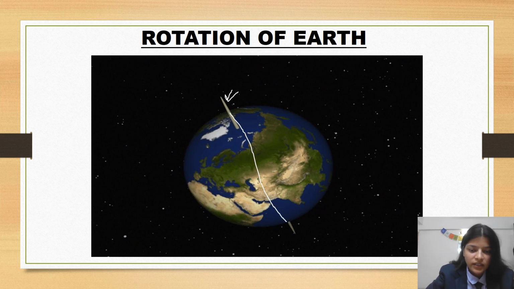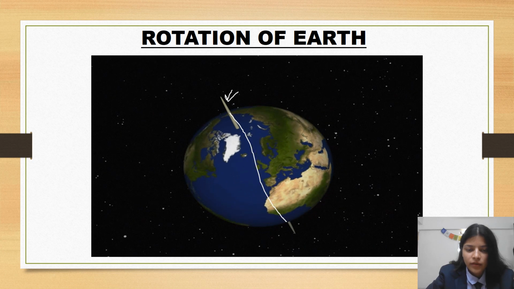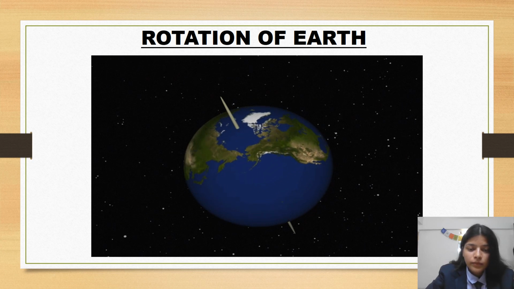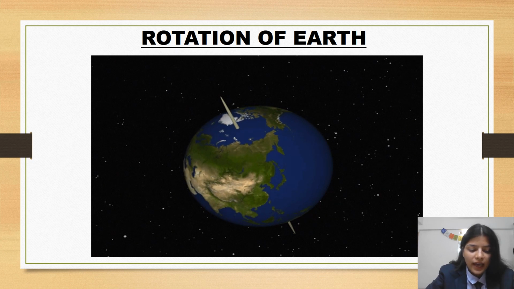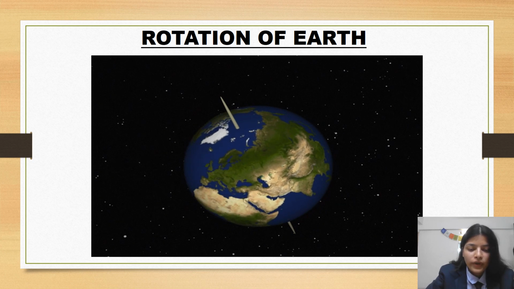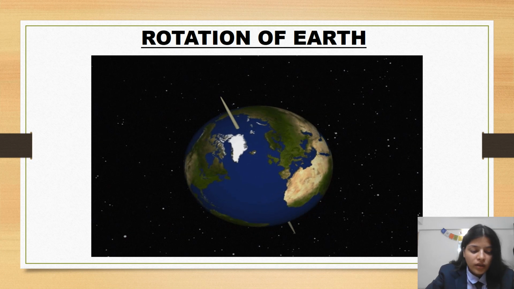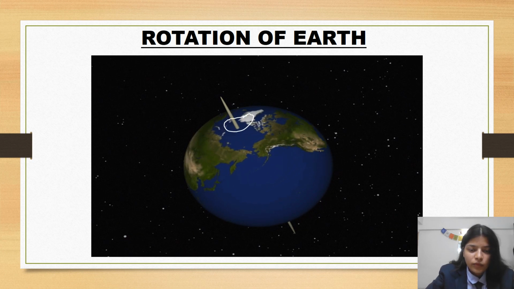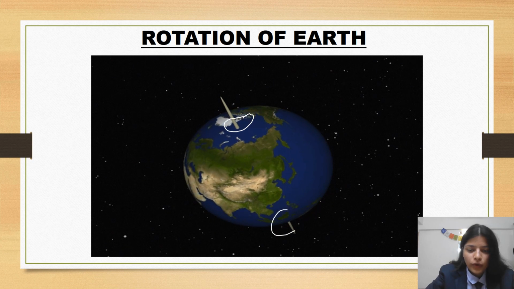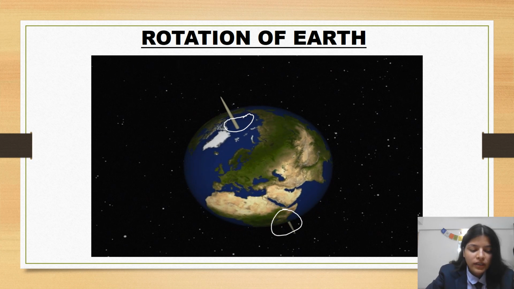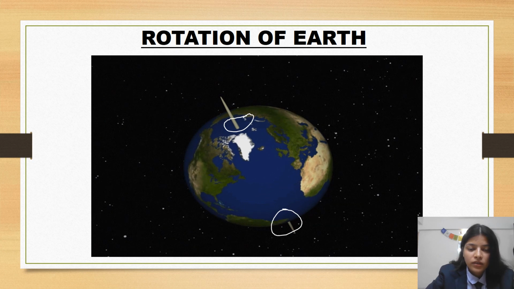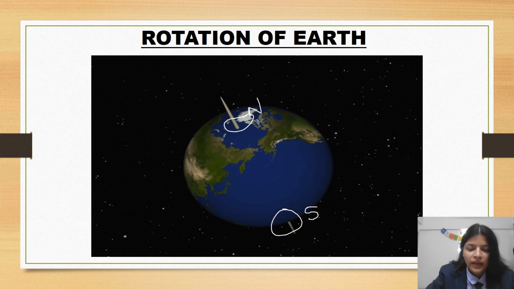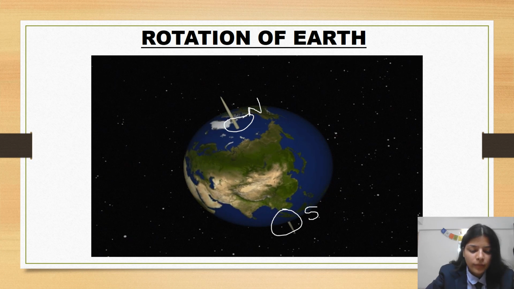So now this needle here is called the axis, and the two points on this globe through which the needle passes, one point here and the other point here, are called the two poles. This will be the North Pole denoted by N, and this will be the South Pole denoted by S.